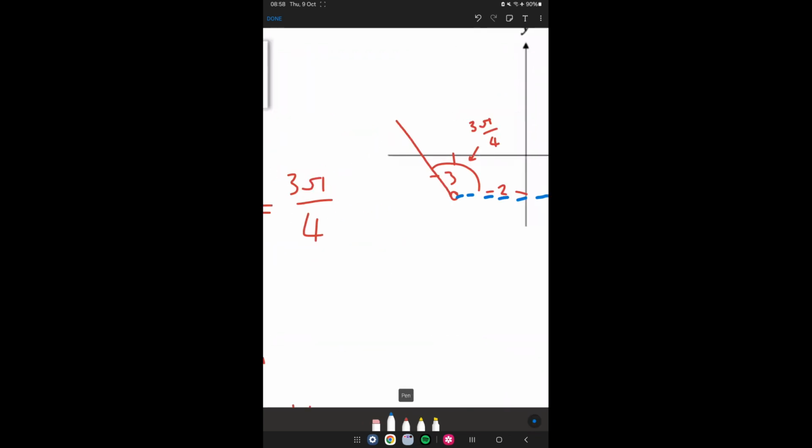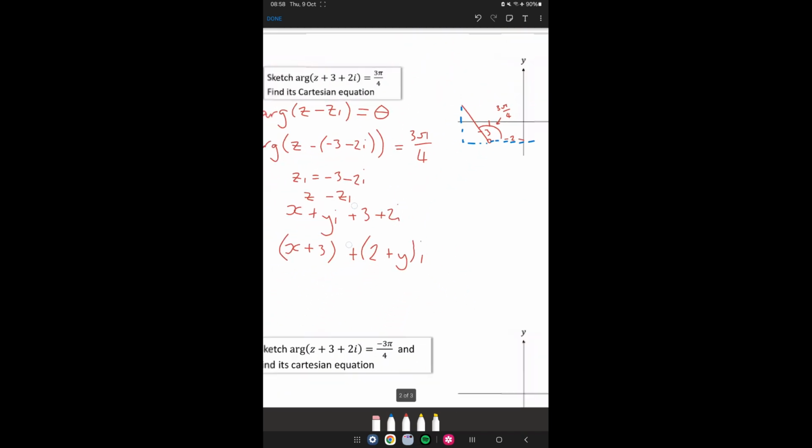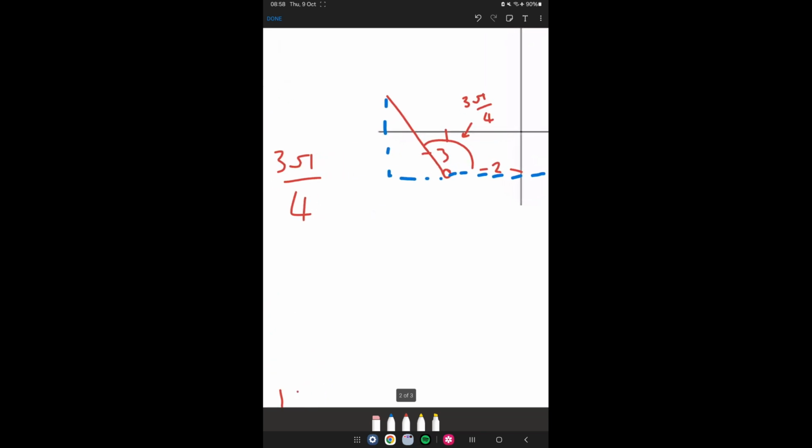Then you can consider what that triangle is going to look like. So x plus 3 is the horizontal, so x plus 3 would go here, and y plus 2 would go here, like so.